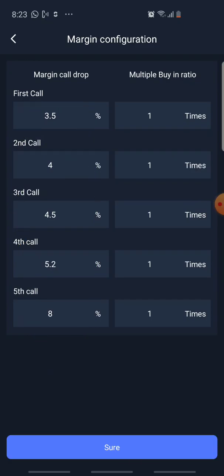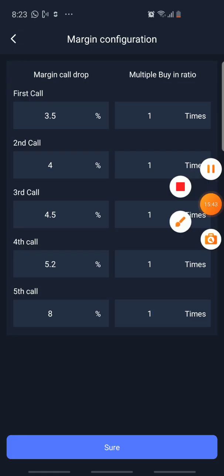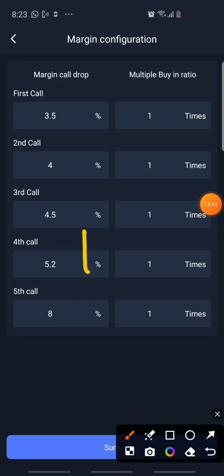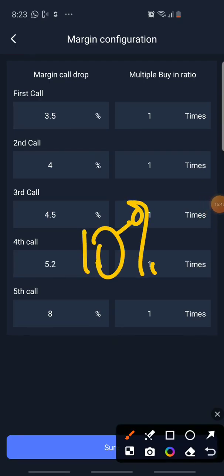So for example, let me assume that according to my analysis, the market is going to drop by 10%. I can set my robot so that it keeps on investing my capital in that drop of 10%.